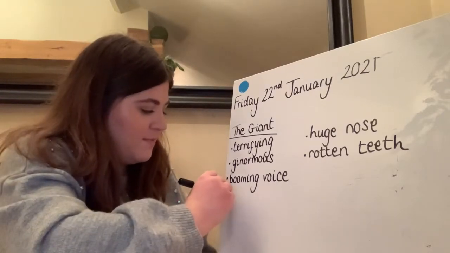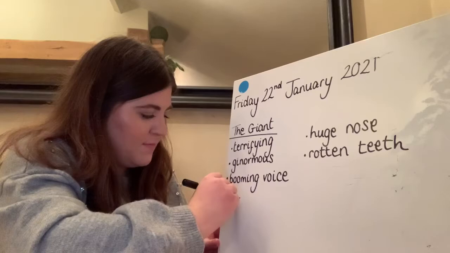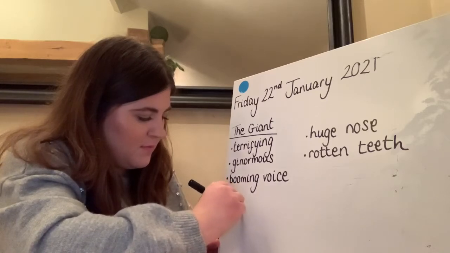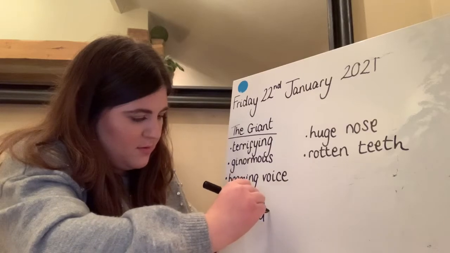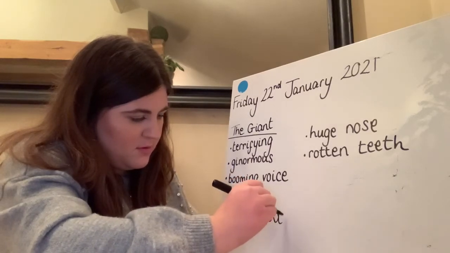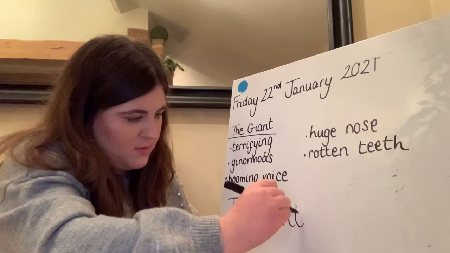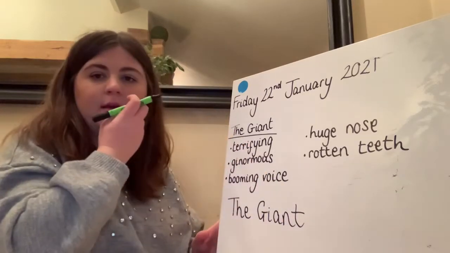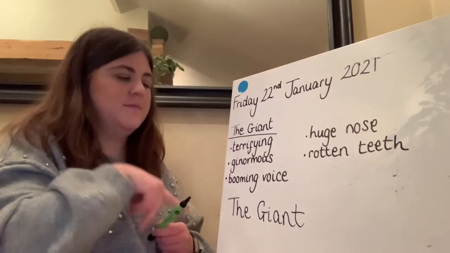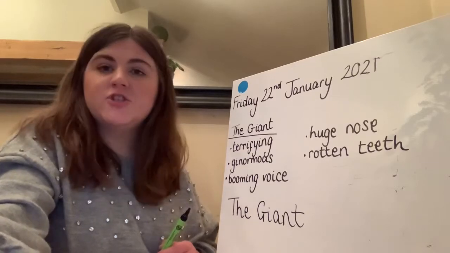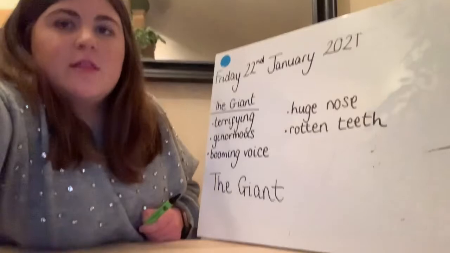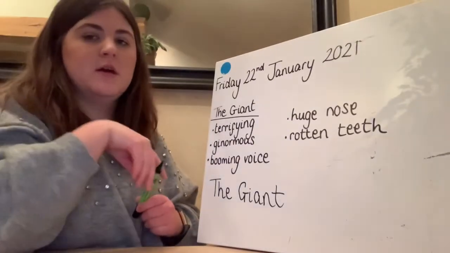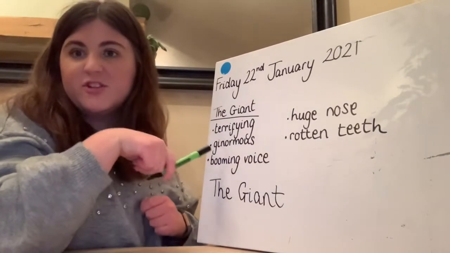Okay, so that's going to become the start of our sentence. So the giant. Now we can choose any of our adjectives that we would like to start with. We don't have to start with terrifying, we can choose.